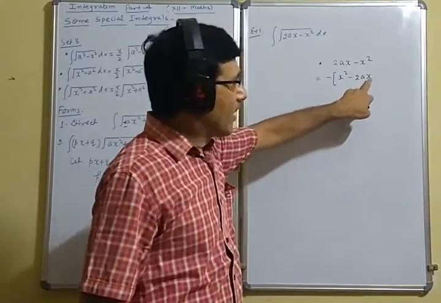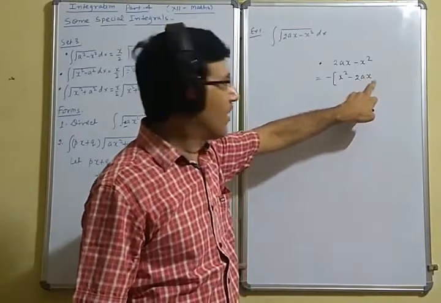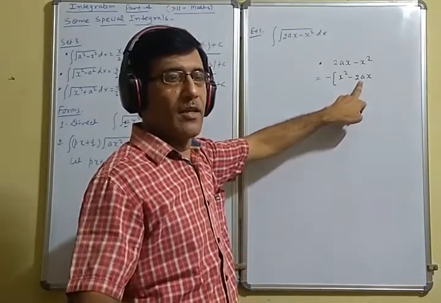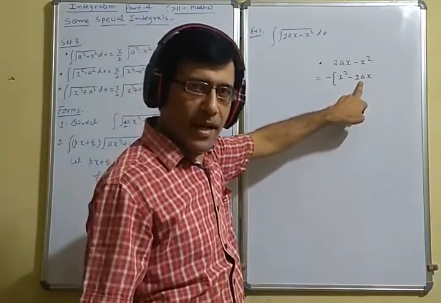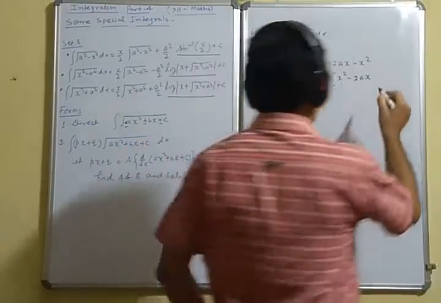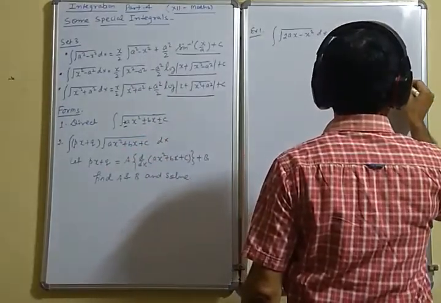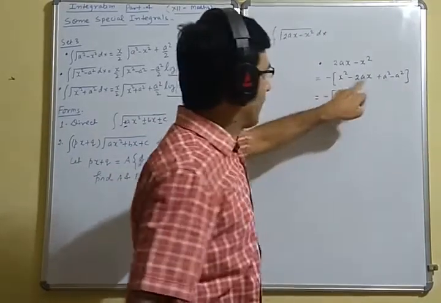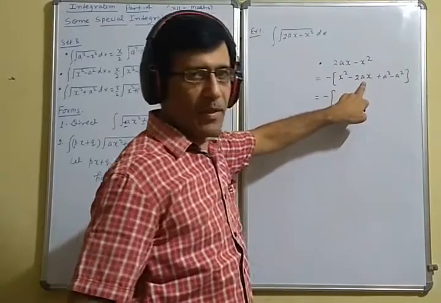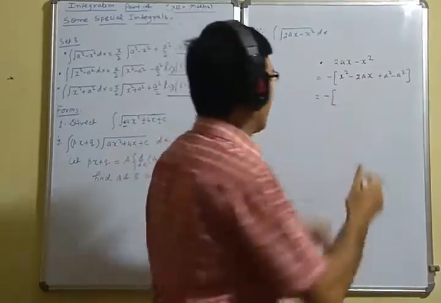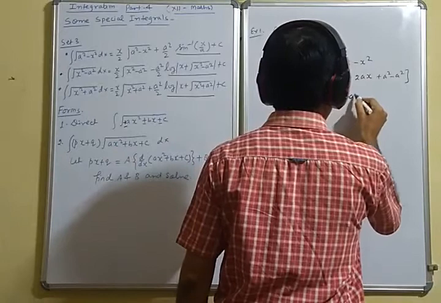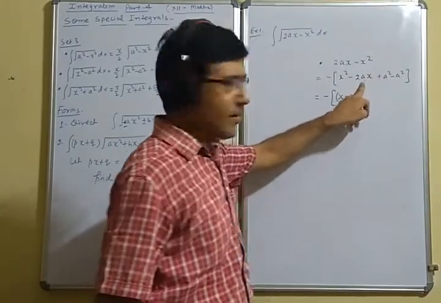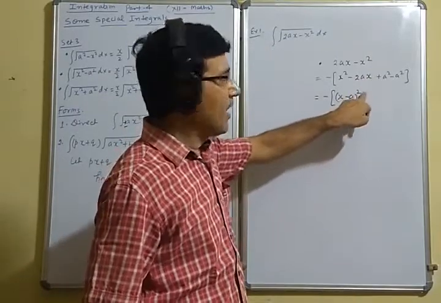The coefficient of x is minus 2a, so half of it squared is a square. So add a square and subtract a square. It becomes minus of x square minus 2ax plus a square, minus a square, and x square minus 2ax plus a square is x minus a whole square.